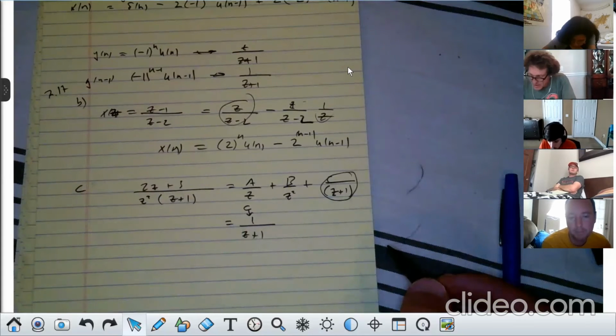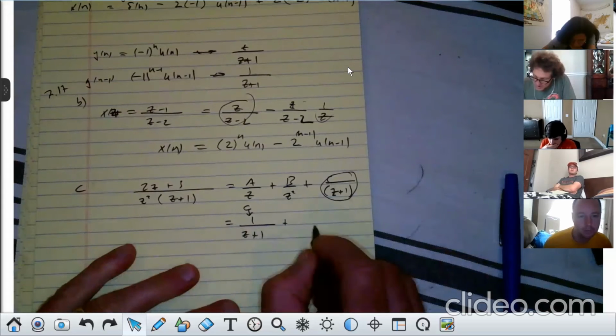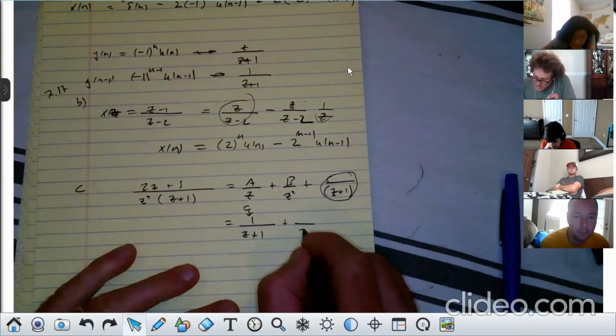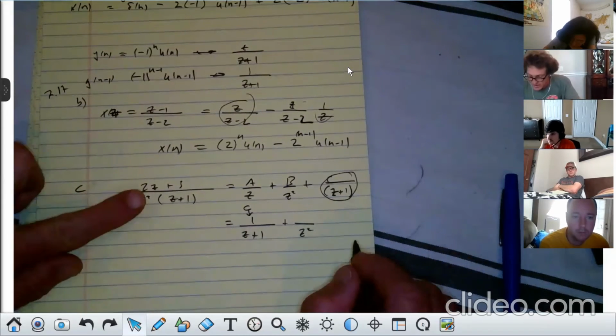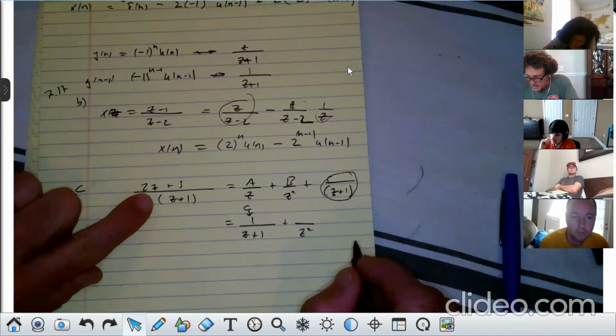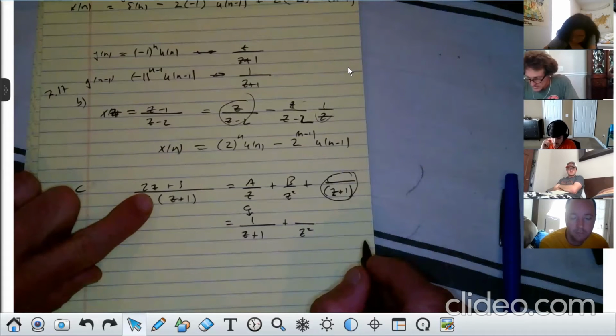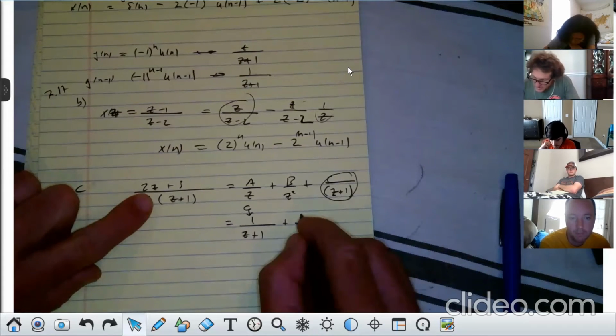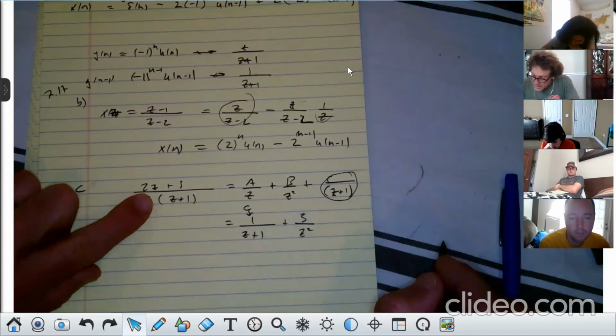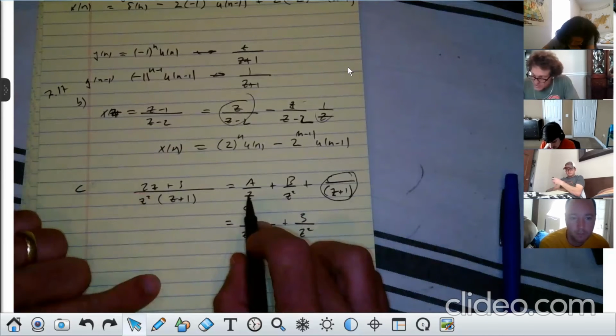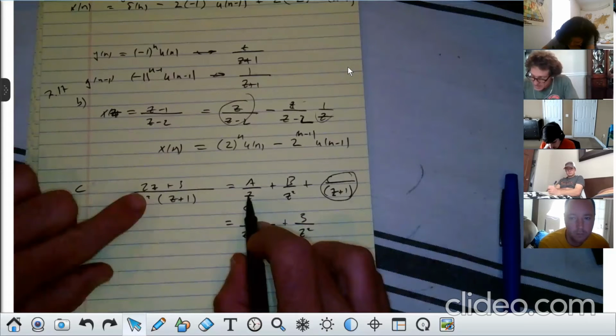Now the next part you get is the z squared. That means you cover the z squared up, and you let z equal 0, and that's 3, right?